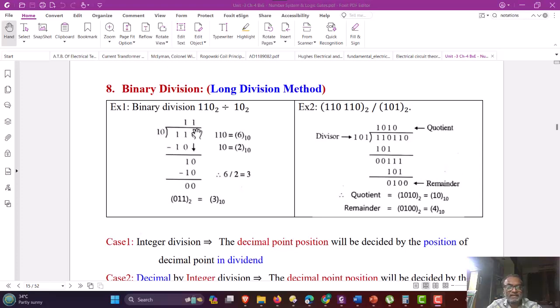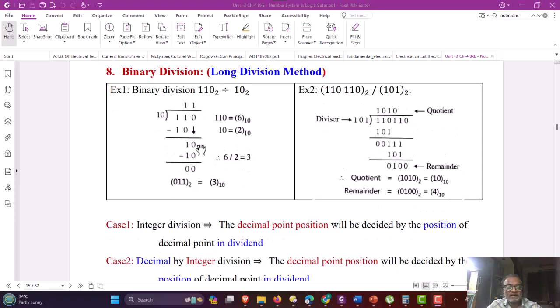Then take the next digit down on this subtraction result. Then the number becomes 10 now. Now the divisor is again 10. It will give a quotient of 1 again. So 10 into 1 is 10. 10 minus 10 is 00.